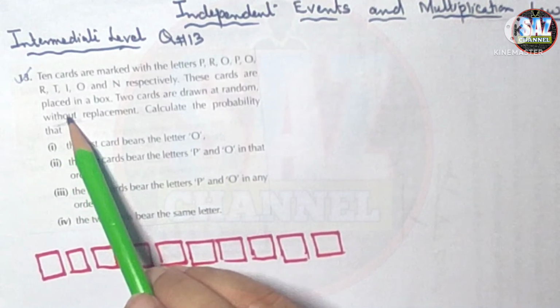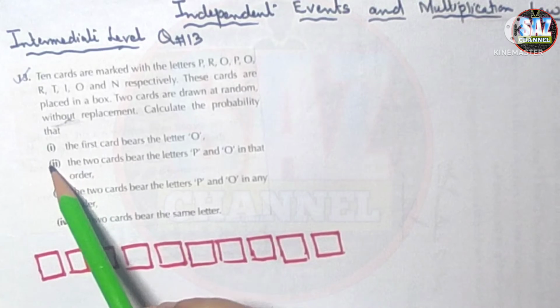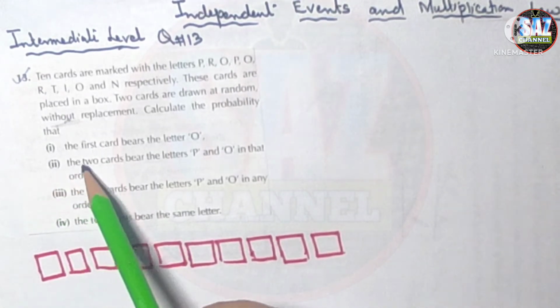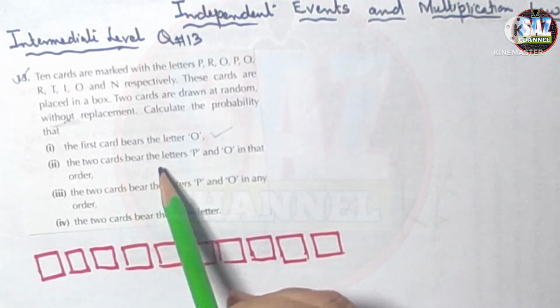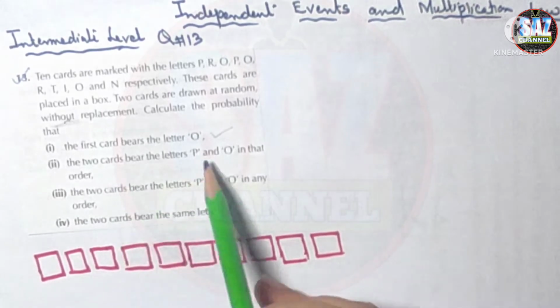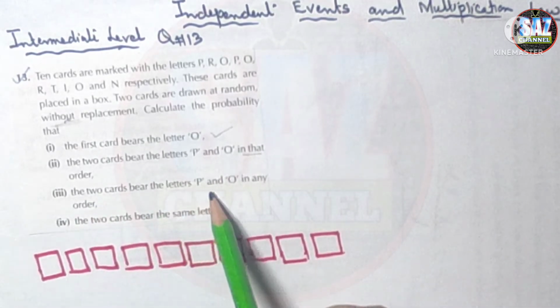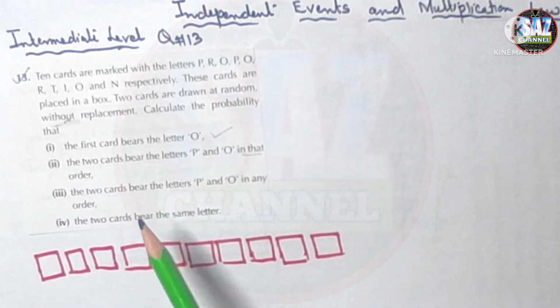Without replacement, here the term without replacement is really important. What do we mean by without replacement? And then we have to calculate the probability that the first card bears letter O, the 2 cards bear the letters P and O in that order, the 2 cards bear the letters P and O in any order, and the 2 cards bear the same letter.